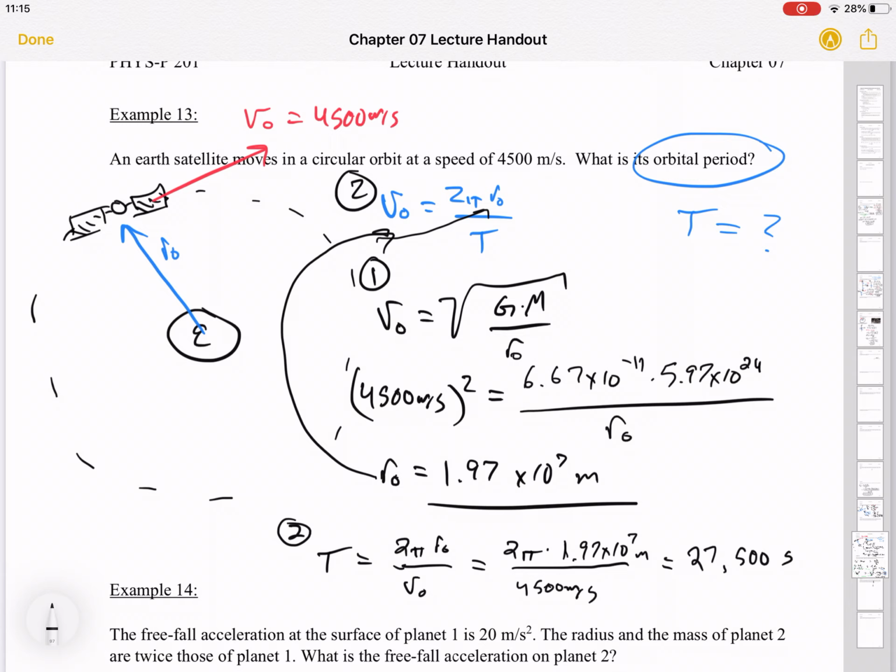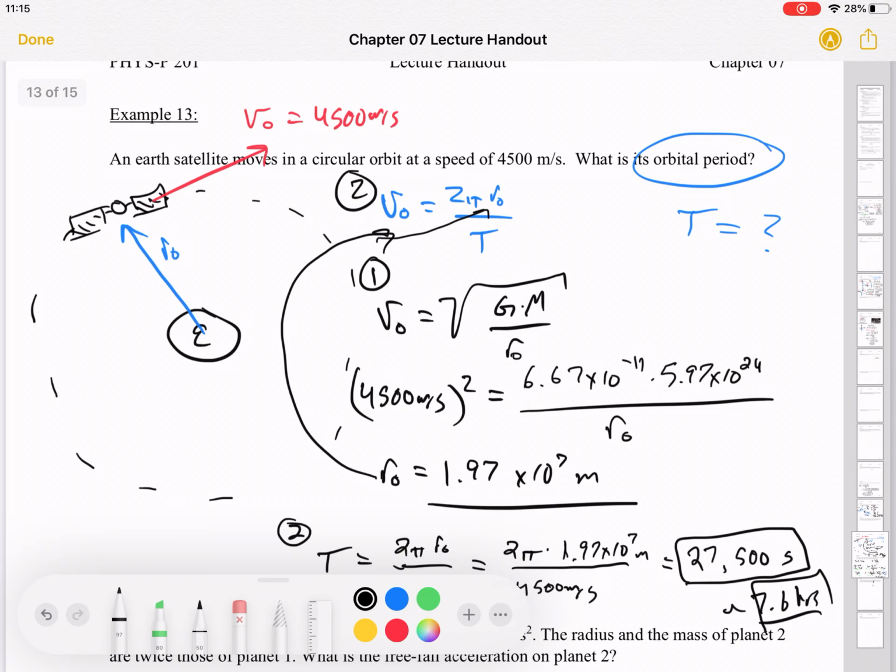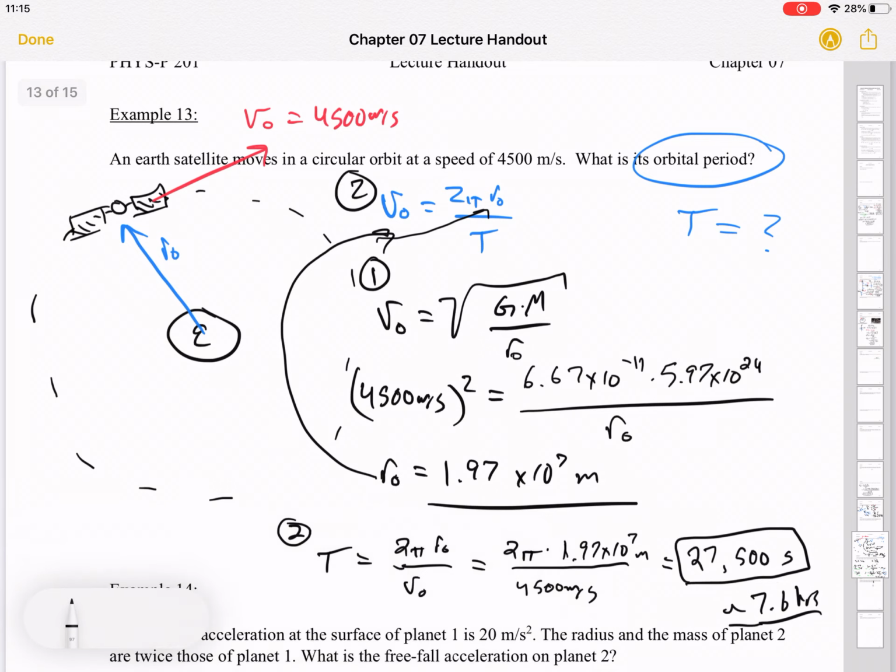You know what? I was wrong, actually. I had this backwards. It's high orbit, but it's not as far as the moon, because the further you go out, actually, the slower you need to go. I was wrong about that. So this is 27,000 seconds, which is about 7.6 hours. So I will say this must be closer than the moon. It is further out than the International Space Station, which orbits every, I think, 80 or 90 minutes, but not quite to the moon.